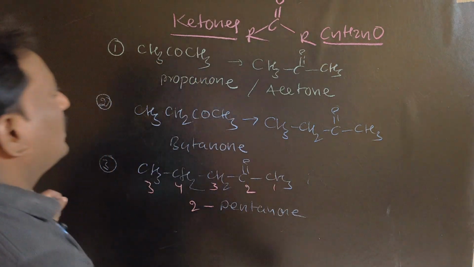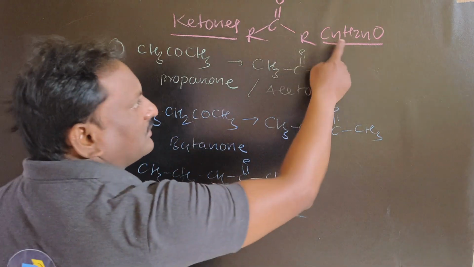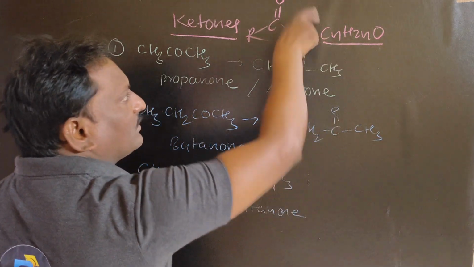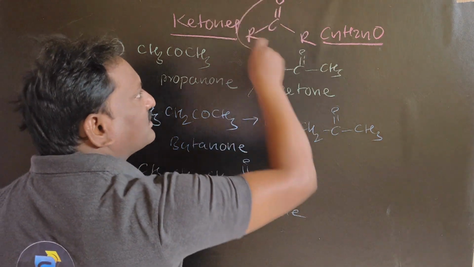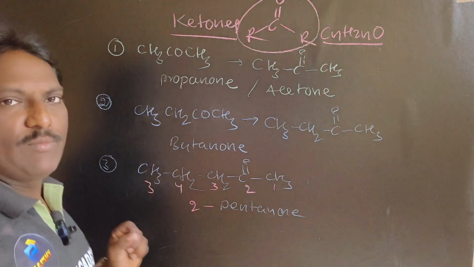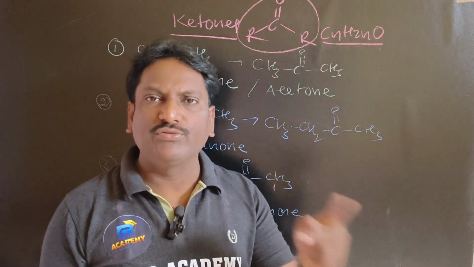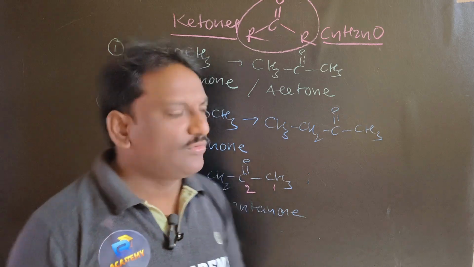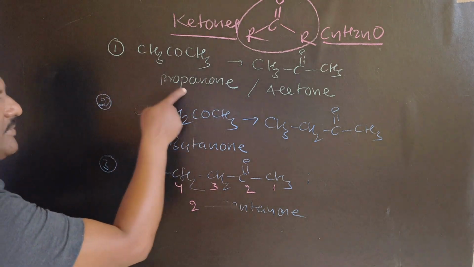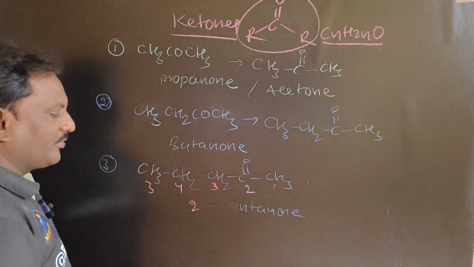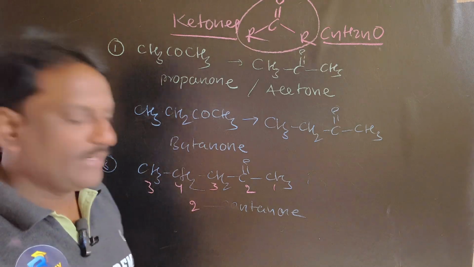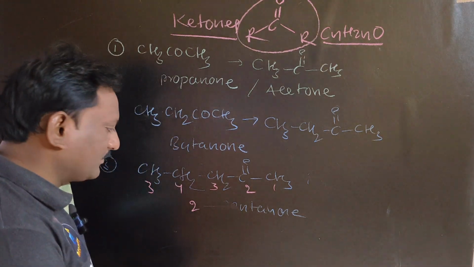So the general formula of ketones is CnH2nO. The C double bond O group must be present between any two carbon atoms, then only it's considered a ketone. The first member is propanone, the second is butanone, the third is pentanone.